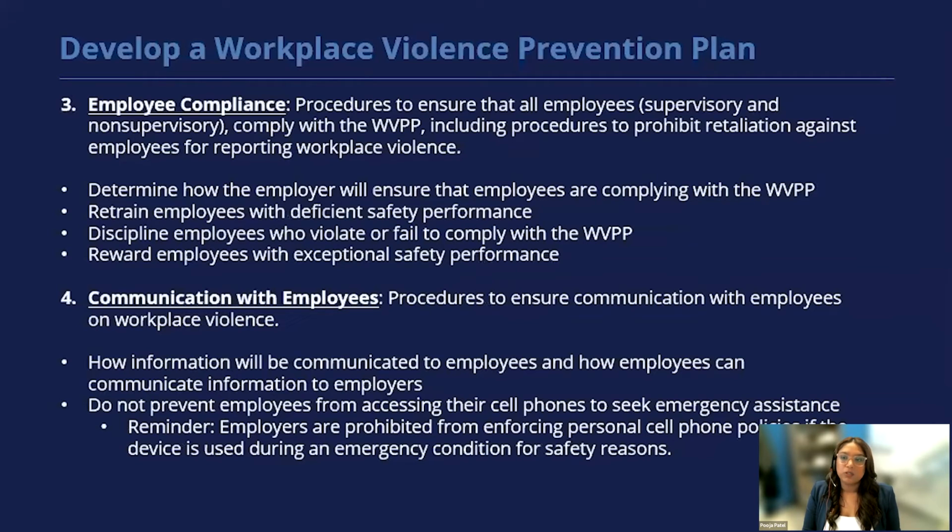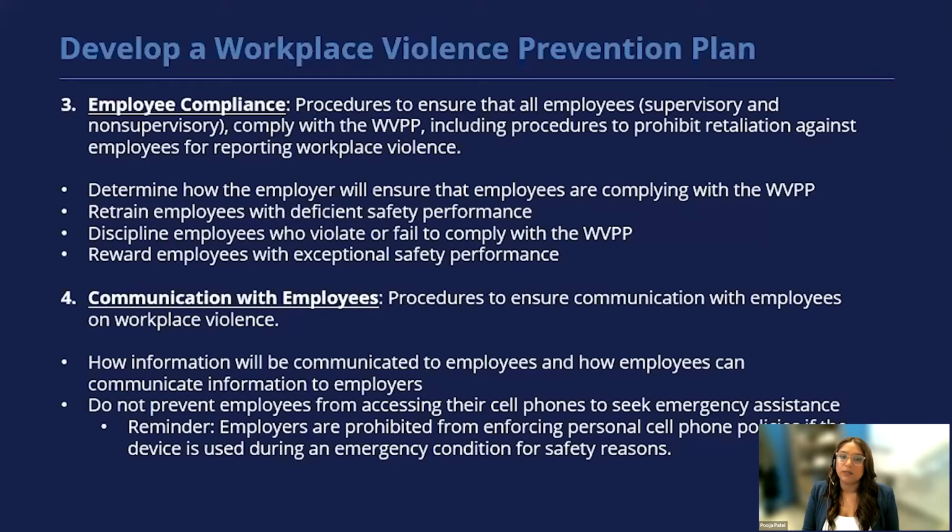So you may want to determine what steps you're going to take to ensure that the employees are complying, whether you need to retrain employees that have deficient safety performance, whether employees who violate or do not comply with the plan are going to be disciplined, and whether you may want to reward or highlight employees who have exceptional safety performance.